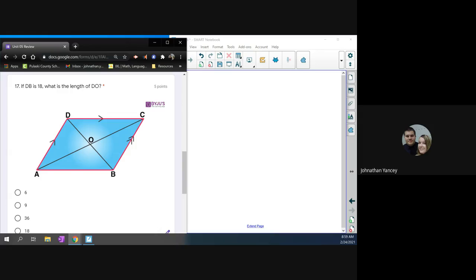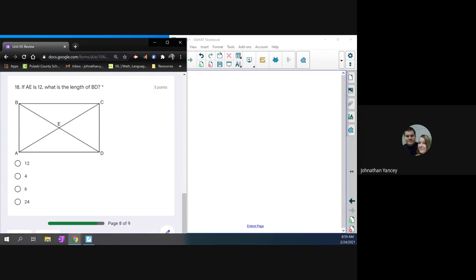If this entire diagonal is 18 and we're looking for just part of it, if we split 18 into 2 equal halves, it'd be 9. 18 divided by 2 is 9. 9 plus 9 is 18 if you want to double check. Seems good to me.